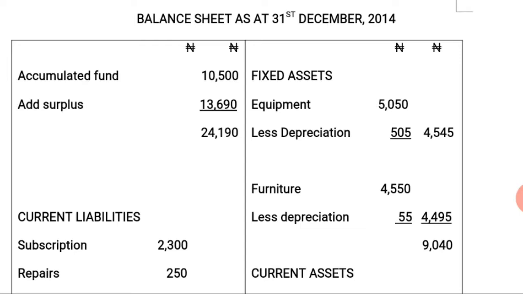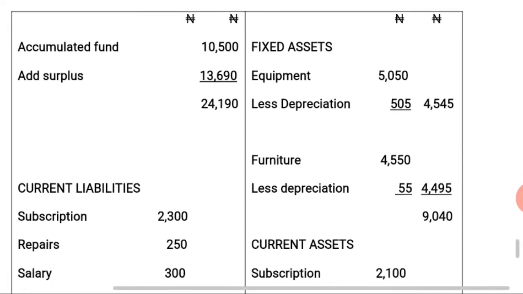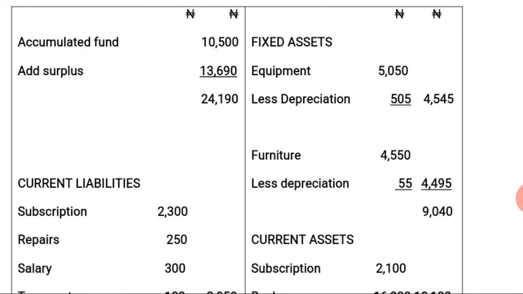How do we arrive at that? We have to add the value of the equipment as at the end of the last year, which was stated in additional information number 1, 3,250, plus the purchase of equipment as stated in receipts and payments account, which stood at 1,800 naira. So 1,800 naira plus 3,250, you have equipment value of 5,050 naira.